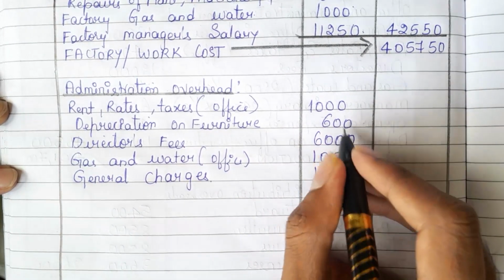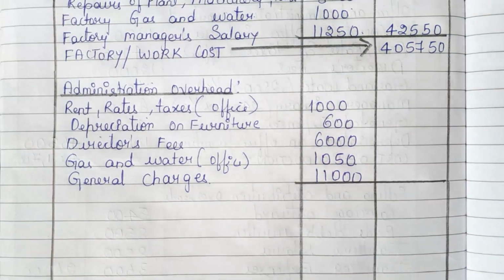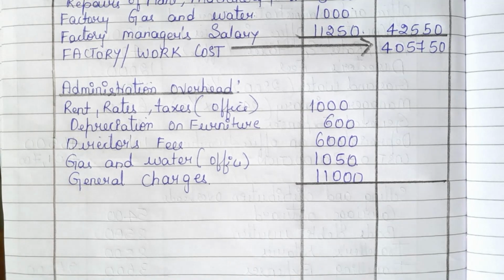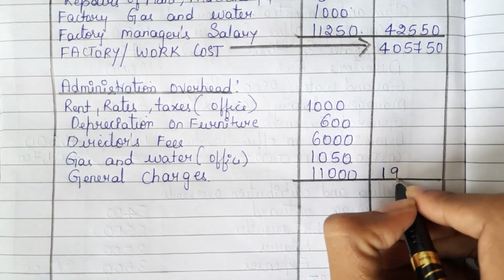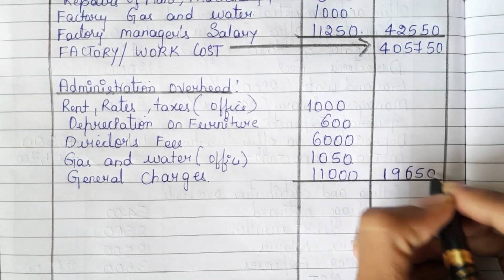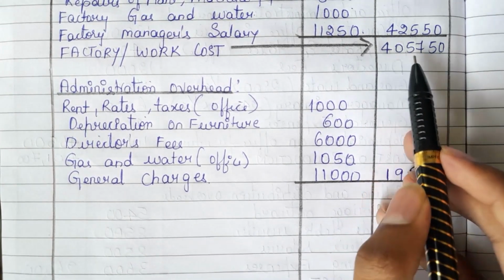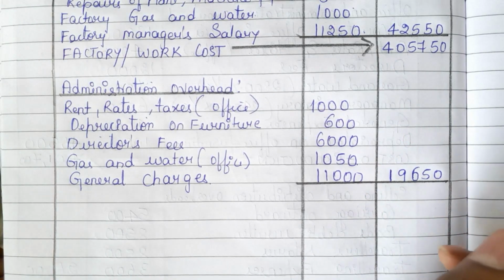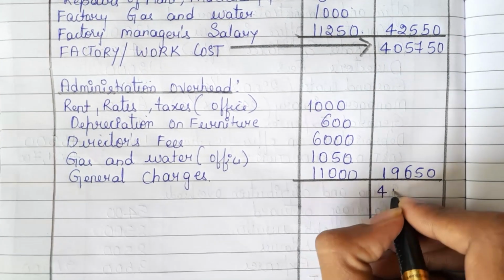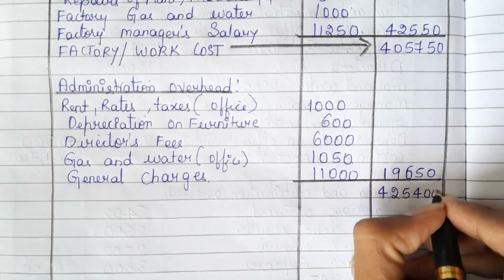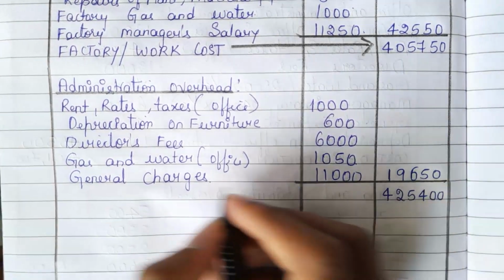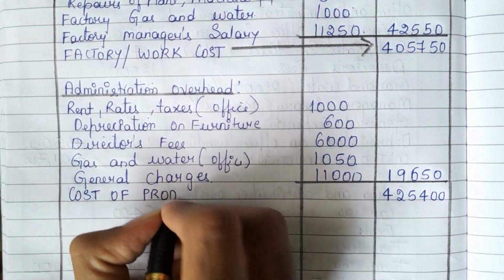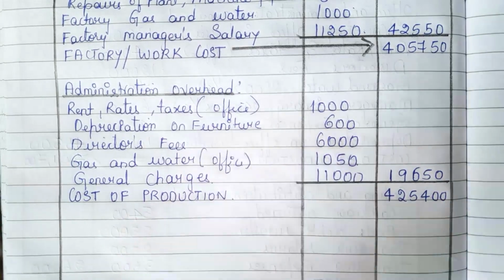Now add all these items: 1,600, 6,000, 1,050 and 11,000, we will get 19,650. Now add 4,05,750 with 19,650. We will get 4,25,400. Now what is this? It is our cost of production.